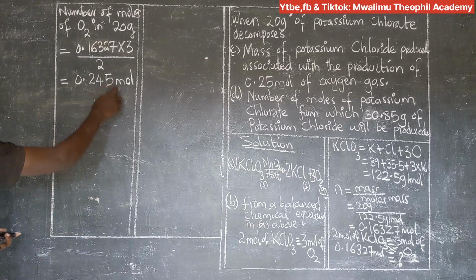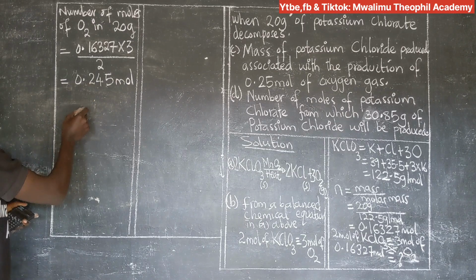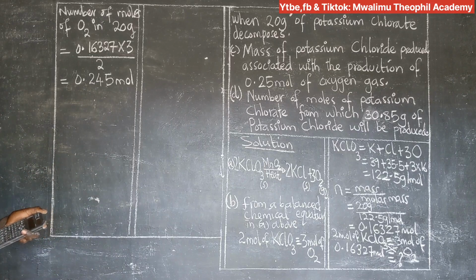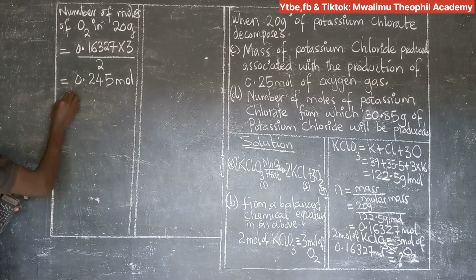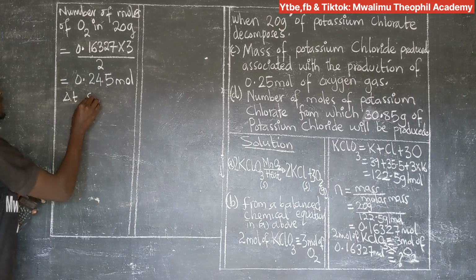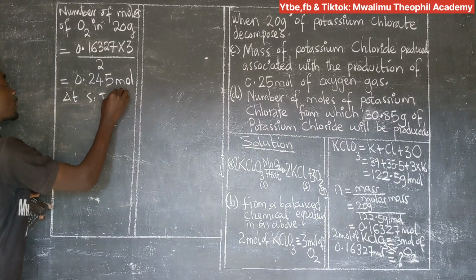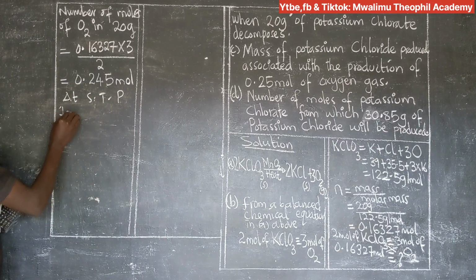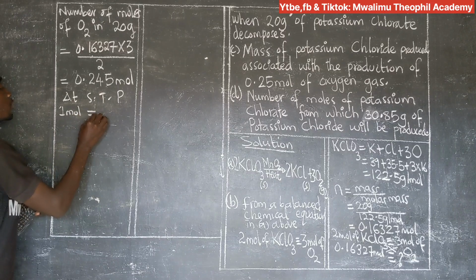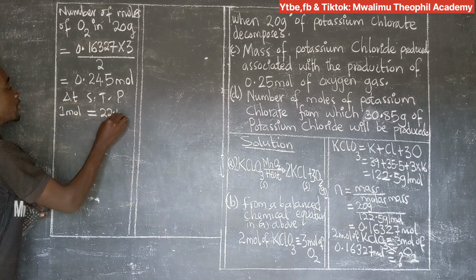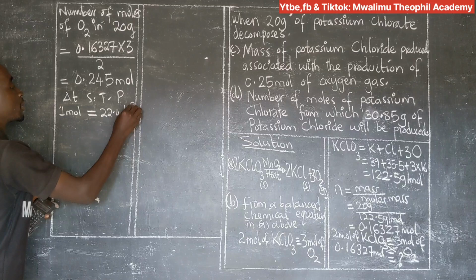After getting this number of moles, you have to remember that the question requires us to find the volume of oxygen gas produced. So we have to convert this number of moles into volume of oxygen gas at STP. We know that at STP, 1 mole of a gas is equal to 22.4 decimeter cubic.